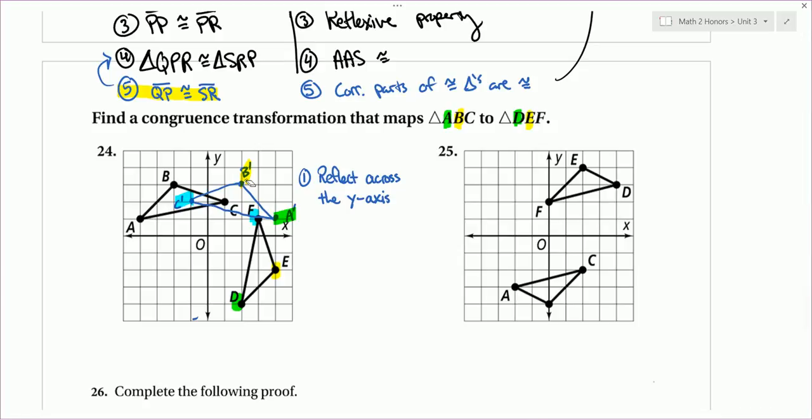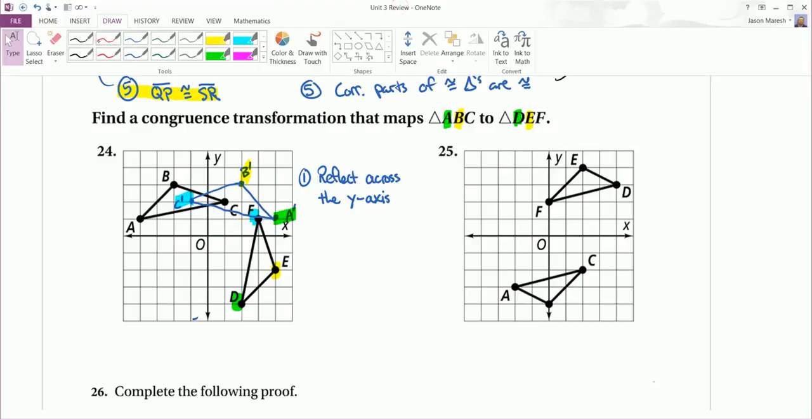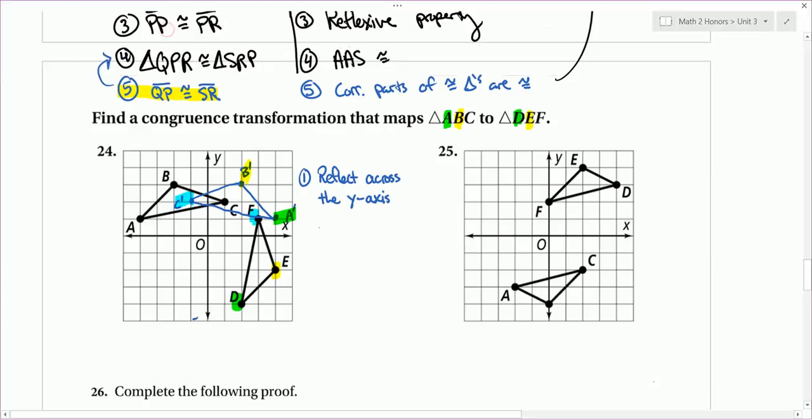So now I'm going to, let's say our next thing here is going to be a rotation. The second step, rotate, and let's go 90 degrees clockwise about the origin, or about the point 0, 0.